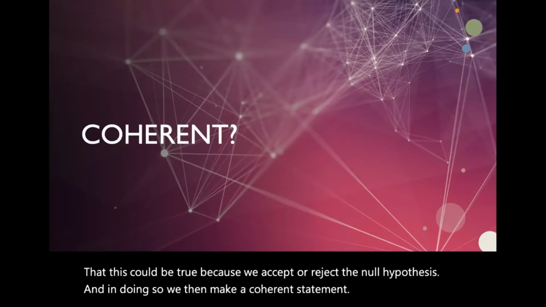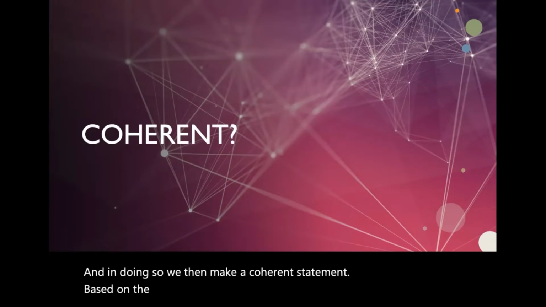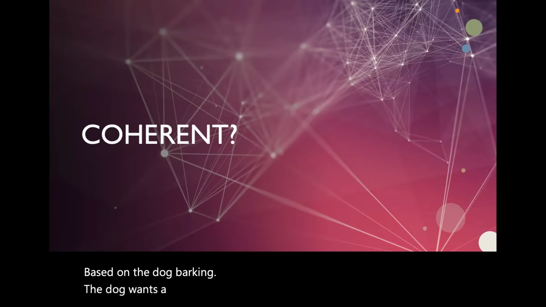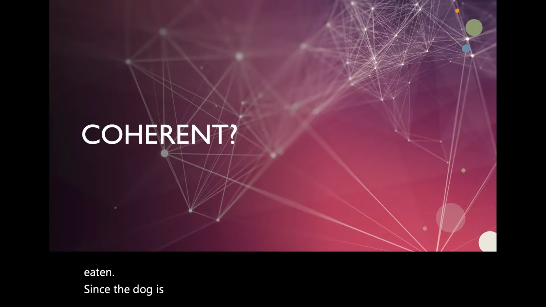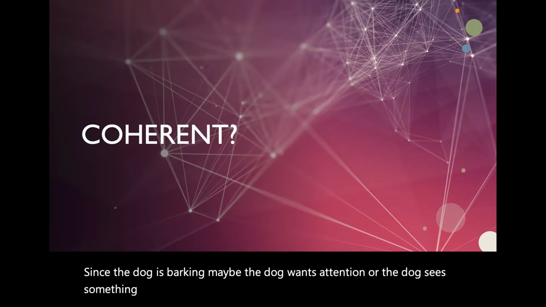Based on the dog barking, the dog wants a treat. If the dog has already eaten, then the next coherent statement could be, well, the dog has already eaten. Since the dog is barking, maybe the dog wants attention or the dog sees something that he's trying to, or she's trying to, get our attention.